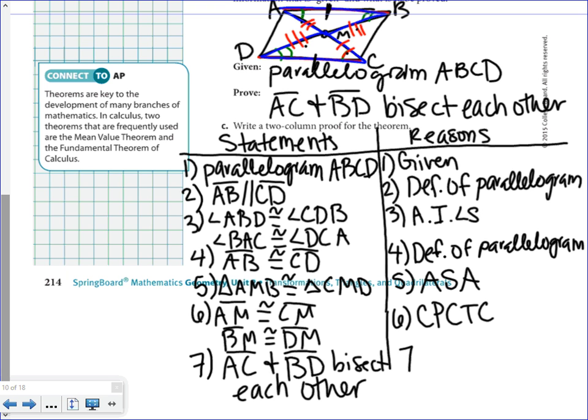And the reasoning that I can say that is the definition of bisect. Definition of a bisector. We know that the two parts were both cut in half, and that's what a bisector does. So now, let's look at the next page.